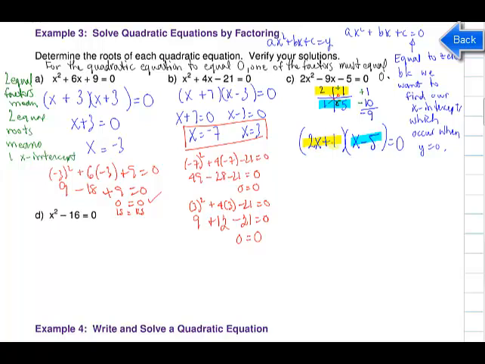All right, set each of my factors equal to 0 and solve for x. Okay, check our answers. Remember, always substitute back into the original equation.